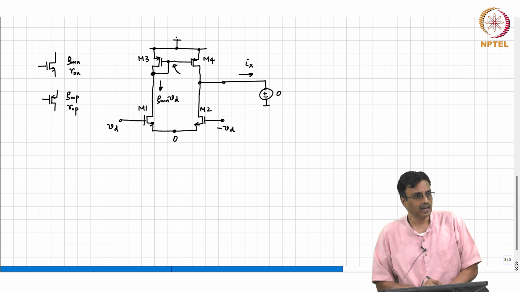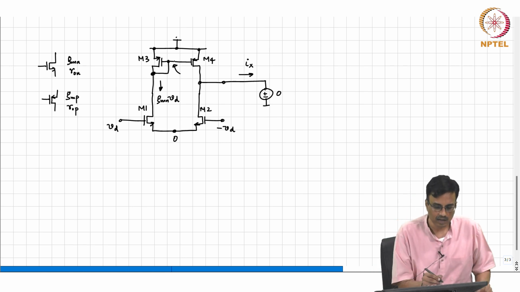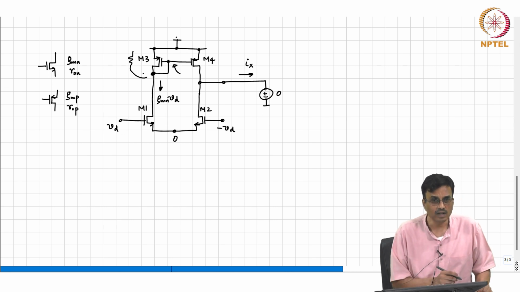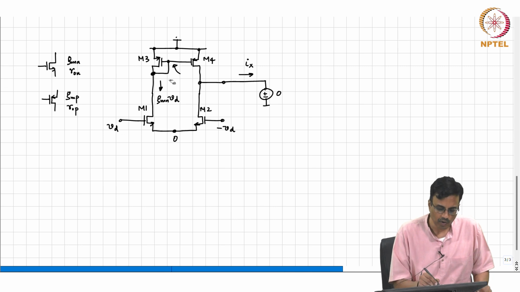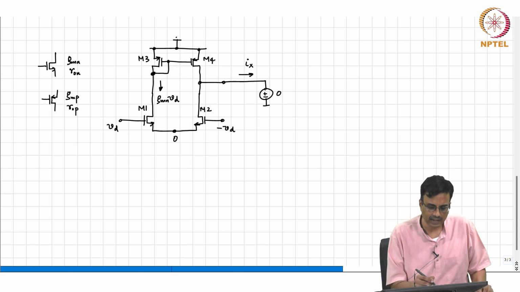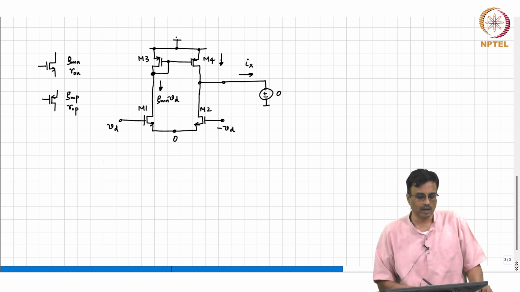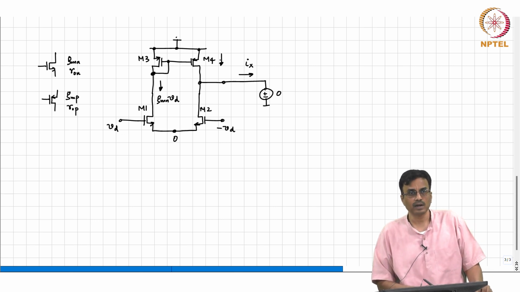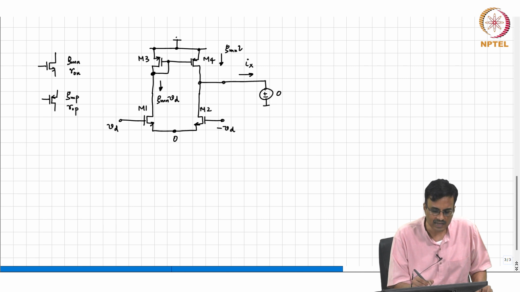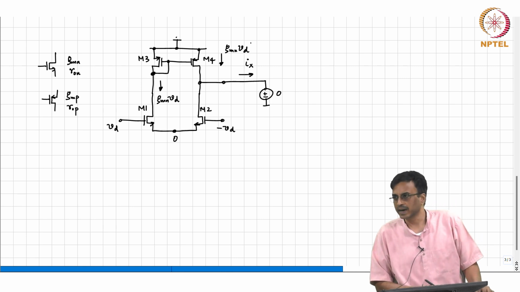Minus GMN times VD by GMP, but technically there is R naught of this transistor, there is also R naught of that transistor, but the GM R naught is a large number, and therefore we can neglect it. So, effectively for all practical purposes, this current is nothing but GMN times VD, just like in the case with infinite RO.